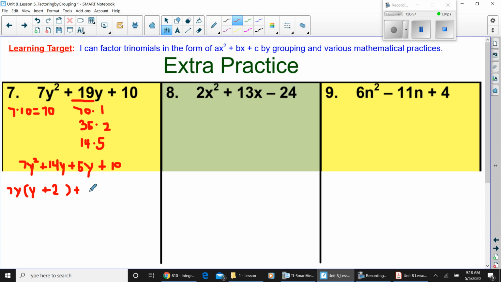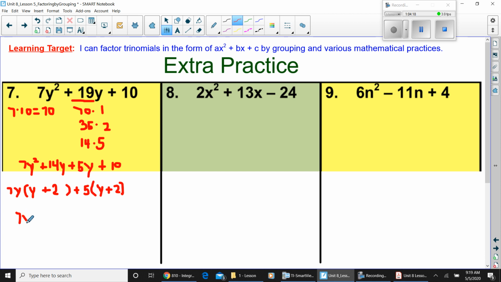The greatest common factor of the second two terms appears to be 5. 5 goes into 5, and 5 goes into 10. Remember, it should be y plus 2. 5 times y equals 5y, and 5 times 2 equals 10. So that is correct.